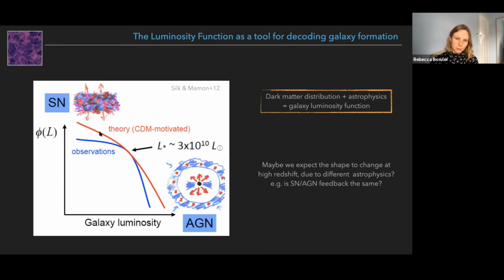So if you take all of the dark matter halos at a given redshift, and you just took simple estimates of how many baryons there were and how many stars you could form from those baryons, what you would predict for the luminosity function that we would observe is something like the red curve here. So this is basically like the dark matter distribution, except that the mass has been converted into a luminosity using very simple assumptions, the most optimistic assumptions, I guess you could say.